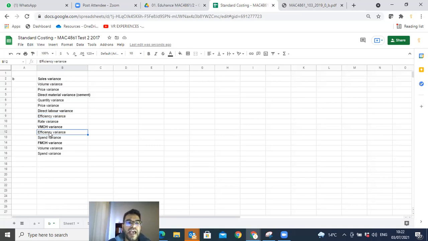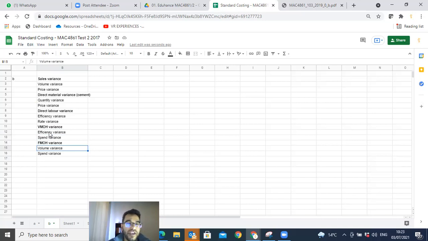Remember, you can only have the variable manufacturing overhead efficiency variance if we're allocating overheads using an inputs basis. We are using an inputs basis because we're using labor hours, so we can have that. You can only have a volume variance if we're using the absorption costing system. We are using the absorption costing system, so therefore there is a volume variance. The volume variance can be broken down further if we are allocating overheads using an inputs basis.